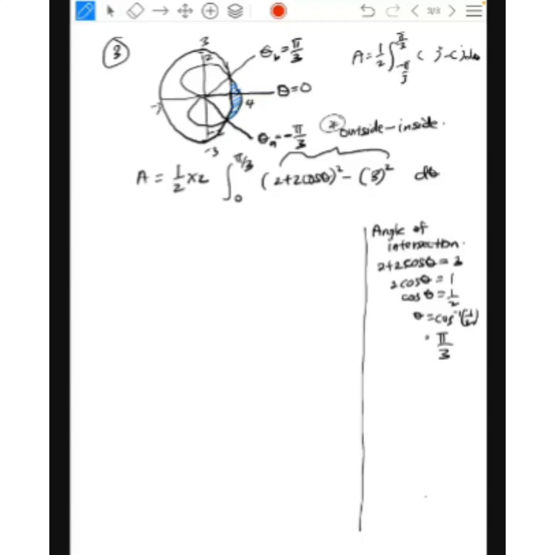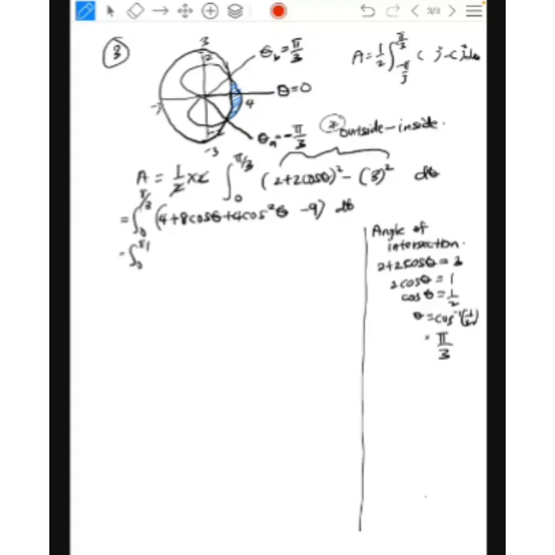Okay, let us solve for this one. So the 1 over 2 and the 2 cancel. Again, there's a square with a bracket, and I have to open the bracket first. 3 squared is 9.